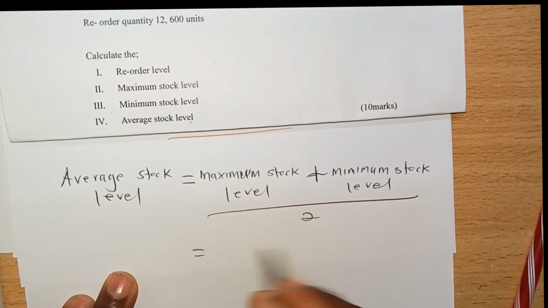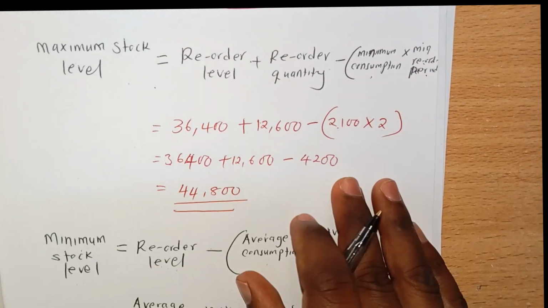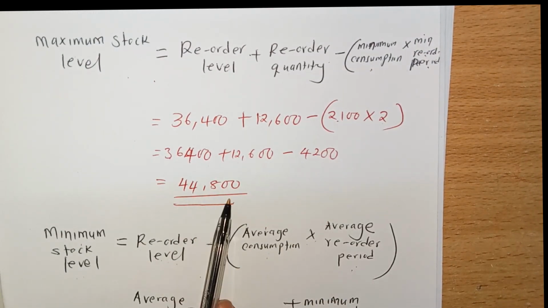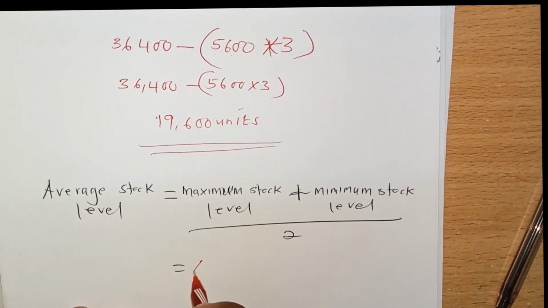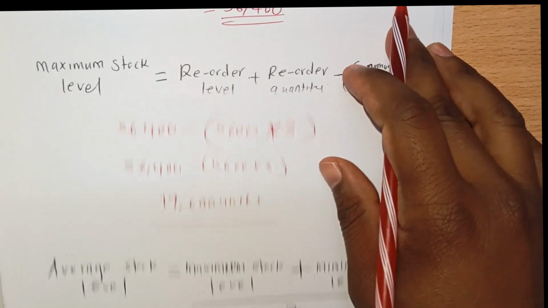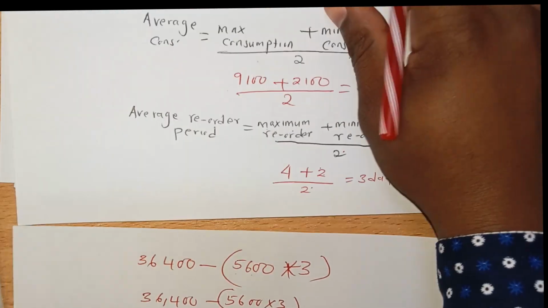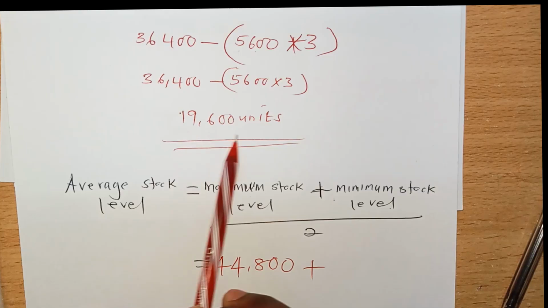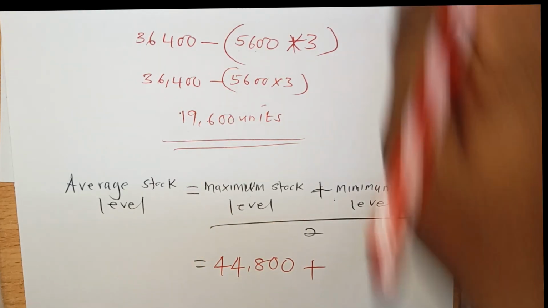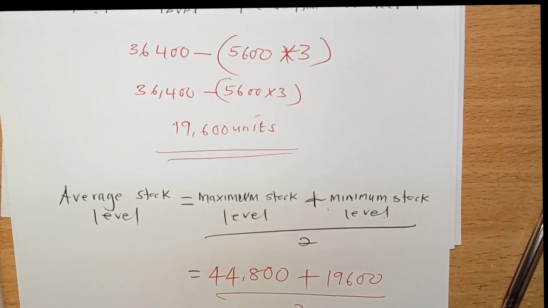Our maximum stock level is 44,800. You add minimum stock level, which we have got as 19,600, then you divide by 2.